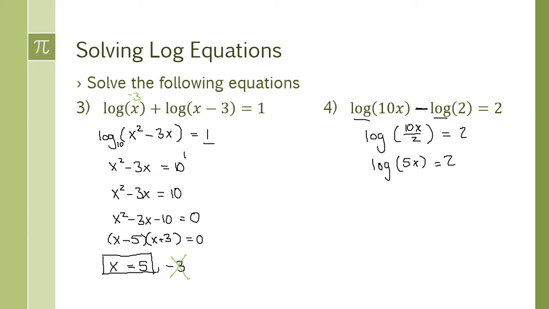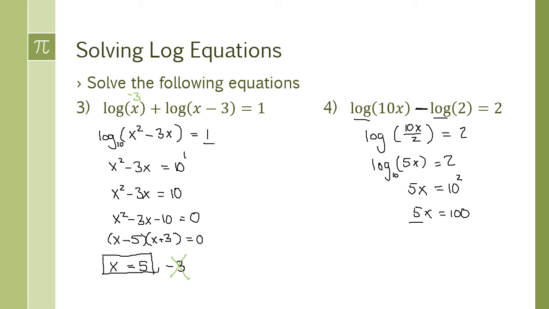So now I've got it in standard form, base 10, argument 5x, exponent 2, so we can change it to exponential form. Argument 5x is equal to base 10 to the power of 2. Evaluate the exponent. 10 squared is 100. So 5x equals 100.